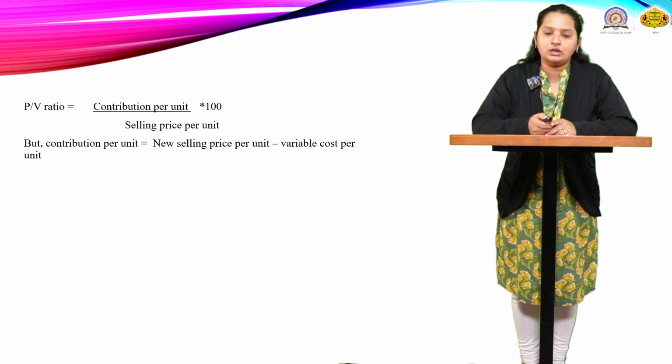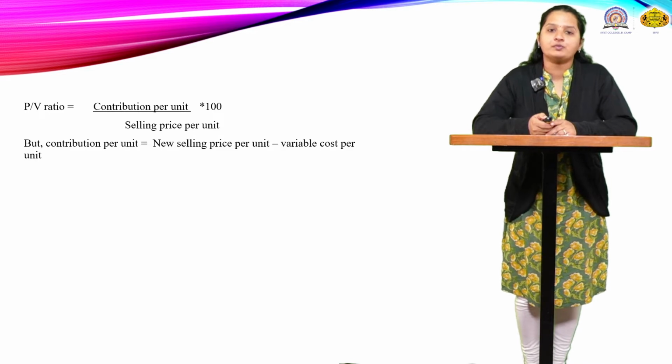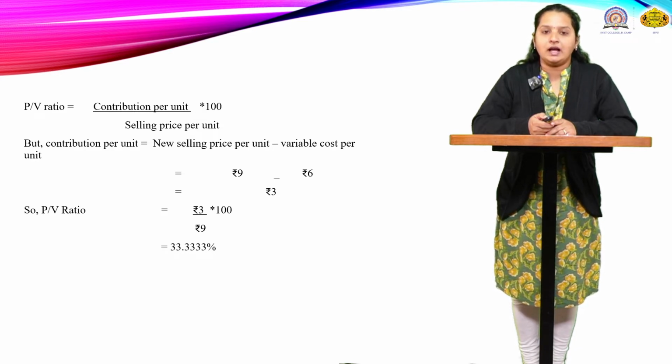We first calculate the new contribution using the new selling price per unit minus variable cost per unit. Hence, rupees 9 minus rupees 6, and the new contribution is rupees 3. We put these figures into our formula: contribution per unit, rupees 3, upon the new selling price per unit, rupees 9, into 100.